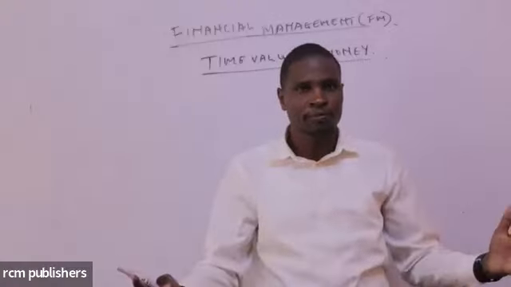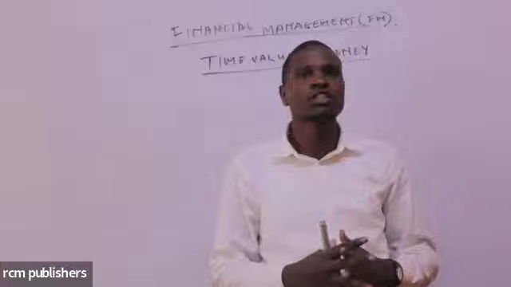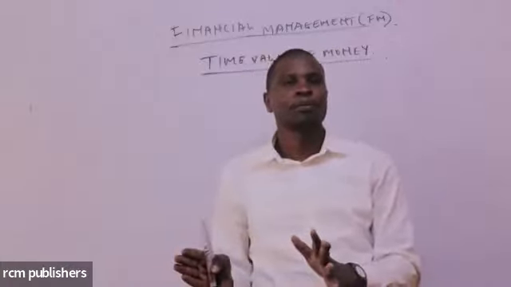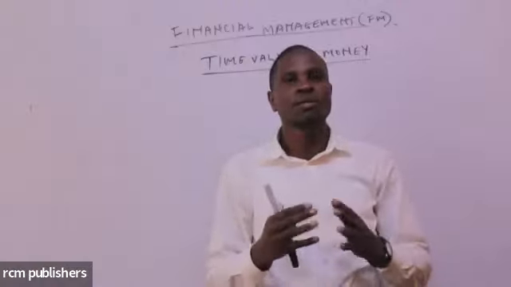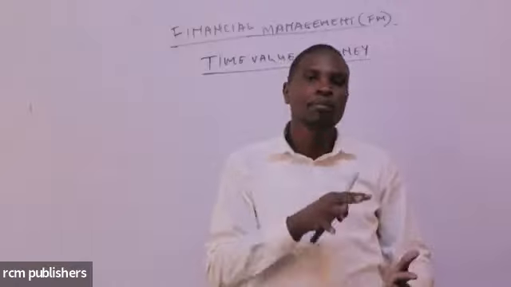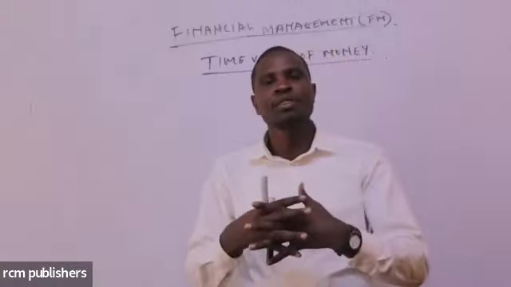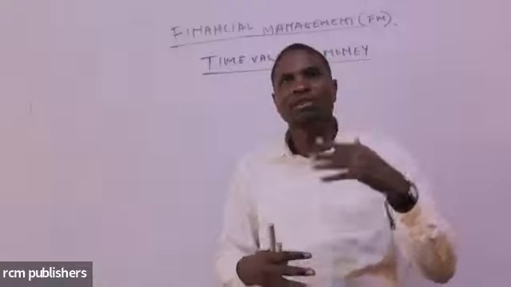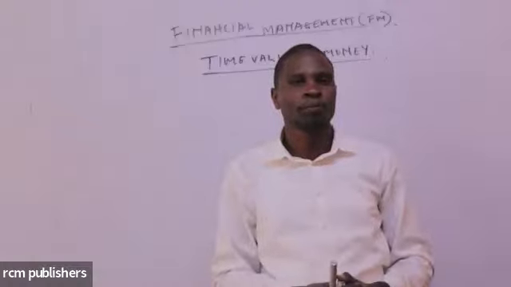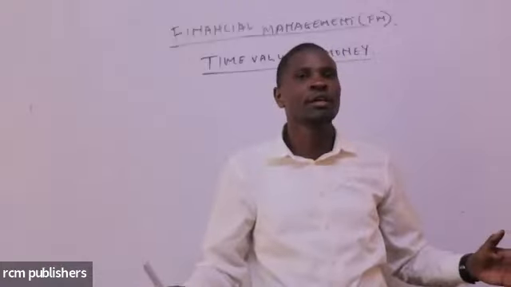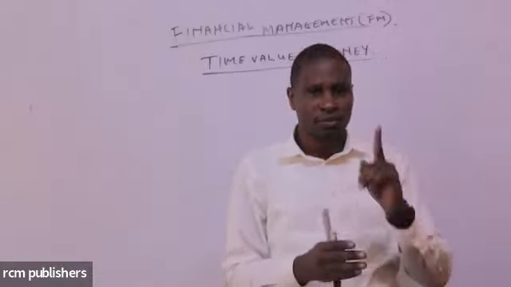What does that mean? If I have 1,000 shillings today and go to supermarkets, what I'll buy using that 1,000 will be more than what I can buy with the same 1,000 in one month's time from now. This is January 2nd. I have 1,000. I go to supermarkets with 1,000 shillings.